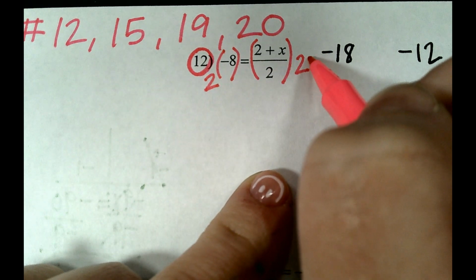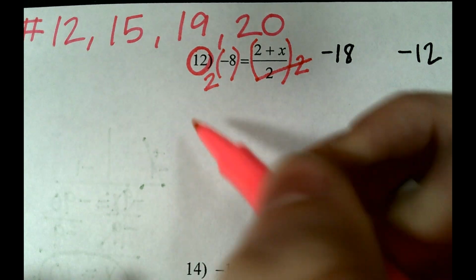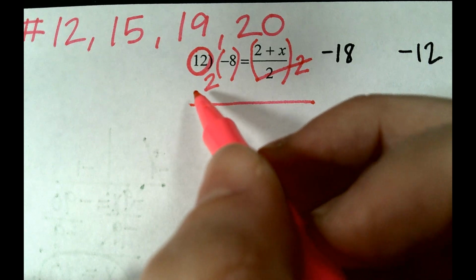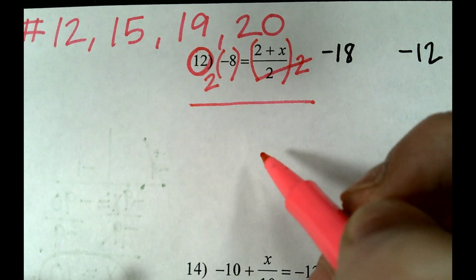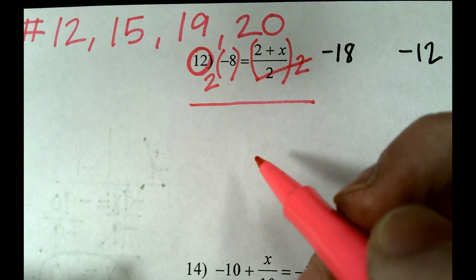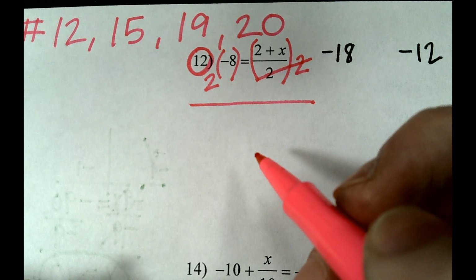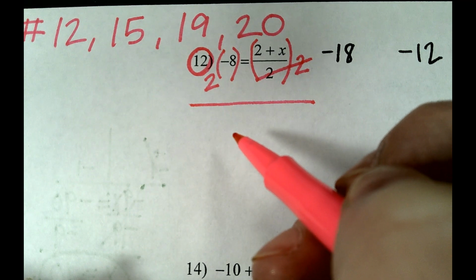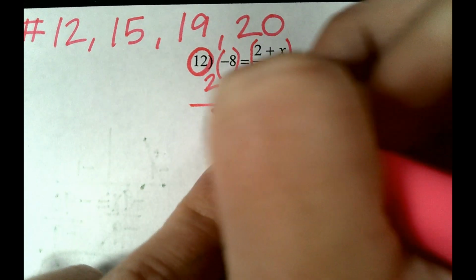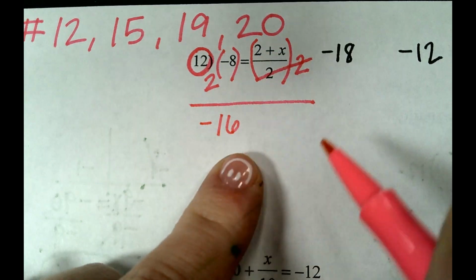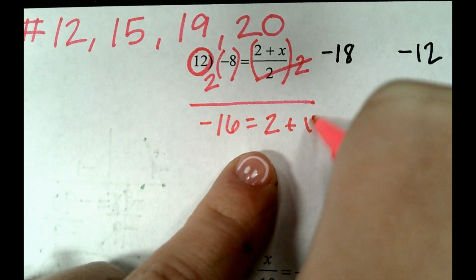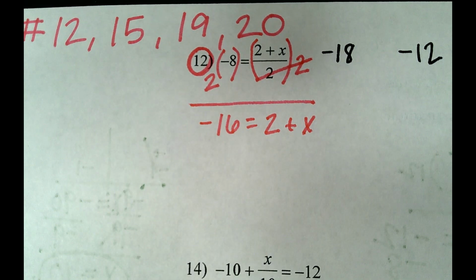So let's multiply by 2. My 2's will cancel. And I'm multiplying by 2, so what is 2 times negative 8? Yes, negative 16. Now we're going to bring it down: equals 2 plus x. Okay, so now we can subtract that 2, can't we?